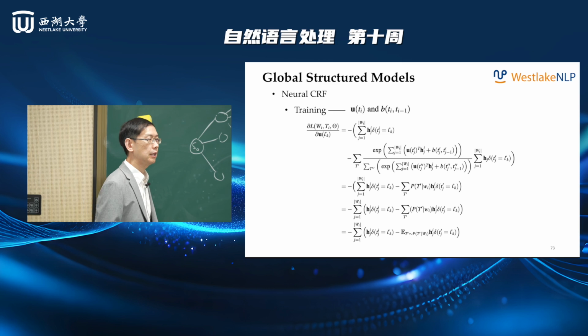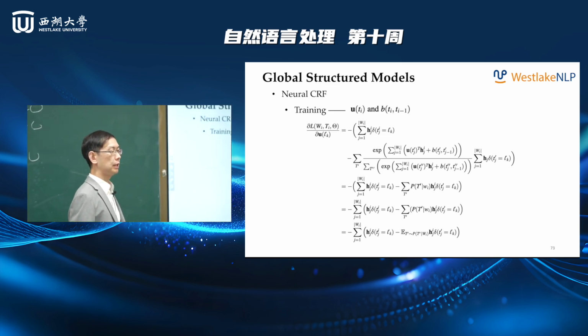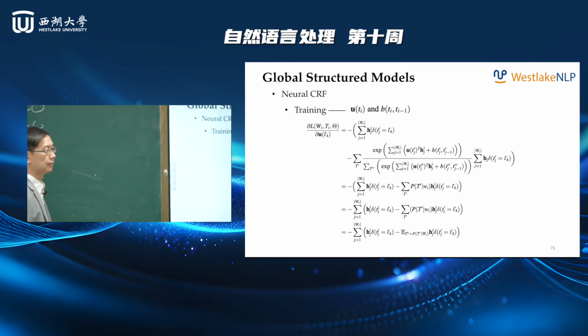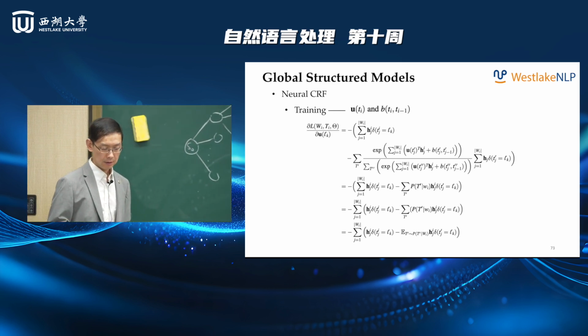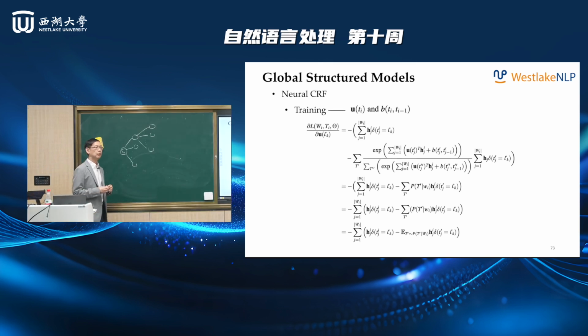How do we do that? Let me first take the gradients of the loss over U and B, and let's do it over U. This turns out to be a gradient calculation process that is very similar to our log linear classifier and to our CRF model, okay? It's a feature vector minus the expectation of feature vectors over all possible outputs.